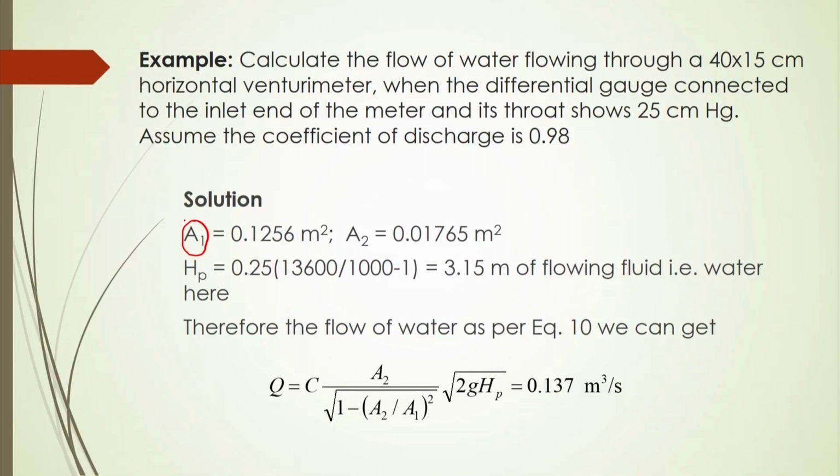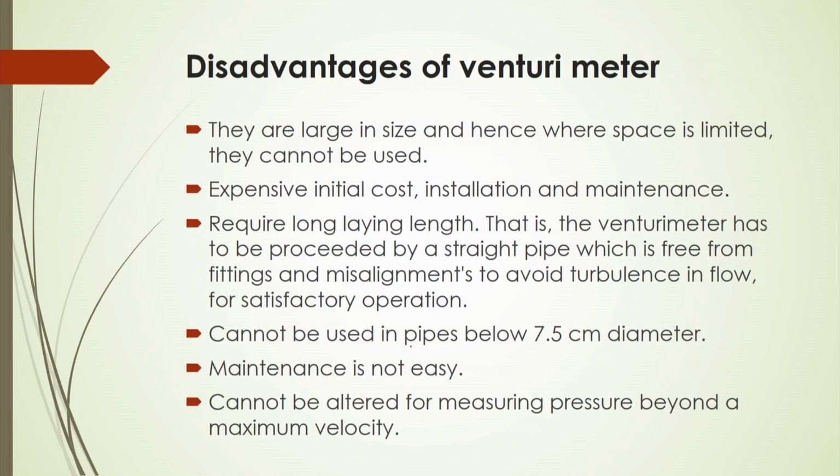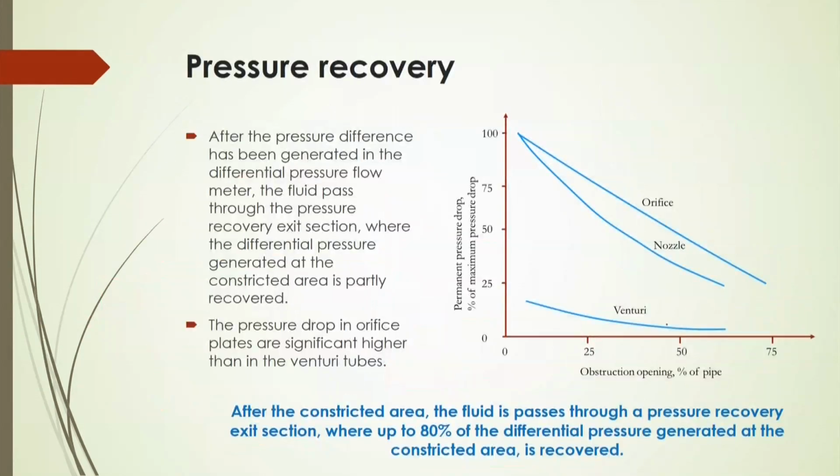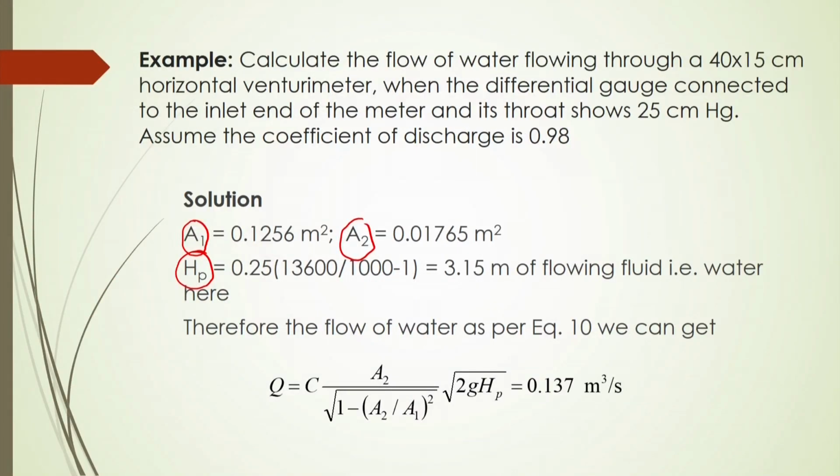First of all, you have to calculate the cross sectional area at section 1, A1, and the cross sectional area at section 2, A2. Then, based on the formula given in your slides in equation number 9, we calculate the head h, which comes to around 3.15 meter of flowing water in this example.